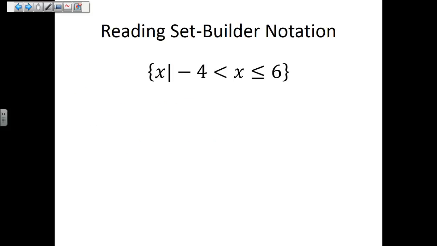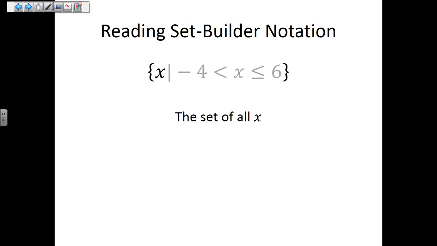Here is a set of numbers in this fancy set builder notation. The squiggle brackets are required. That's part of this. That vertical line right after the X, that's part of it. So let's take a look at how to read this by looking at the different parts of this notation.